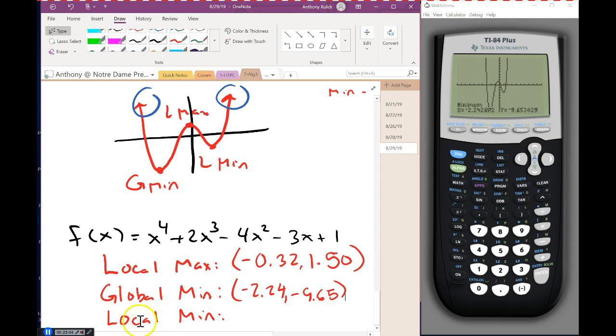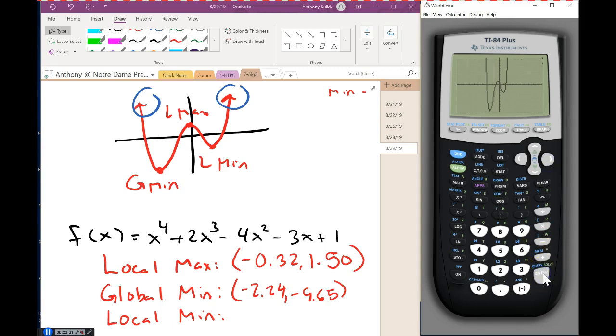All right. So, second, trace, minimum. Move that cursor. That looks good. Press enter. Move that cursor. That looks good. Press enter.